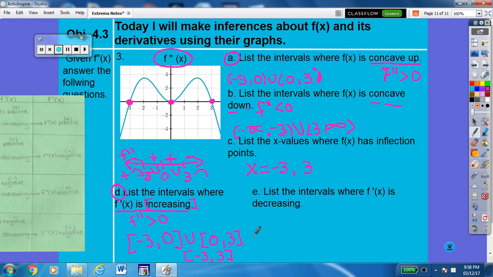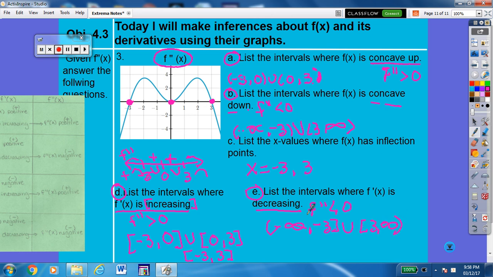Okay? All right, so where is f prime decreasing? That's the same as saying second derivative less than 0. So where does that happen? That's the same question as letter B. So I would say -infinity to -3 included, and 3 to infinity included.